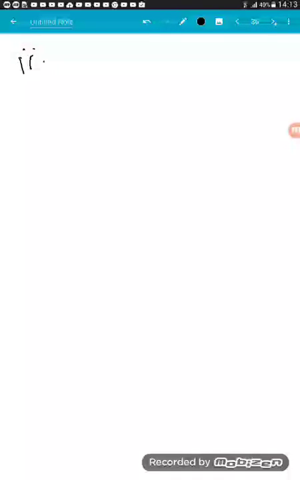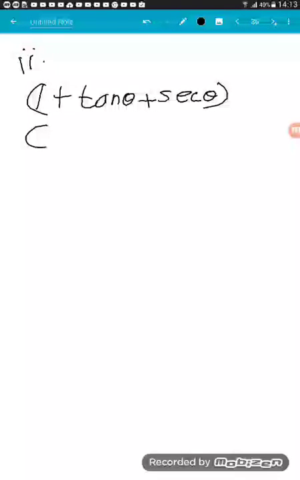Now we will move on to the next one, the second part. 1 plus tan theta plus sec theta, bracket, 1 plus cot theta minus cosec theta.